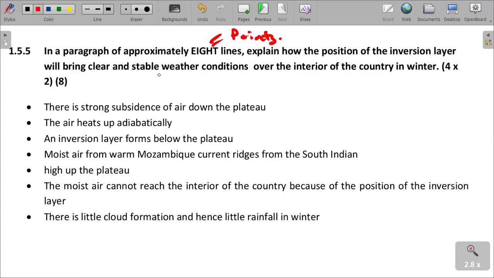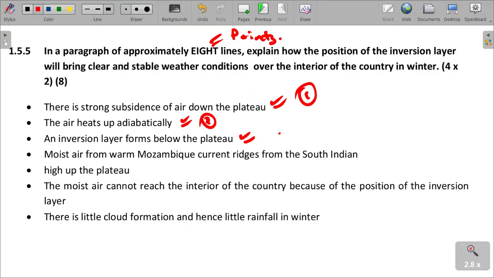So one, what you need to understand is that there is strong subsidence of air down the plateau that we have already talked about. The air heats up adiabatically, which we talked about again, that the air heats up as it falls down. An inversion layer forms below the plateau, which is another point that we can also talk about.